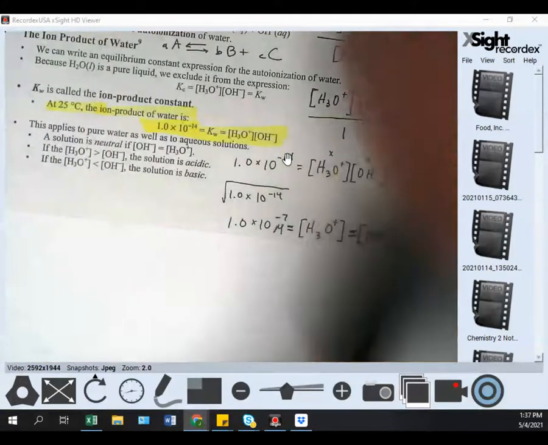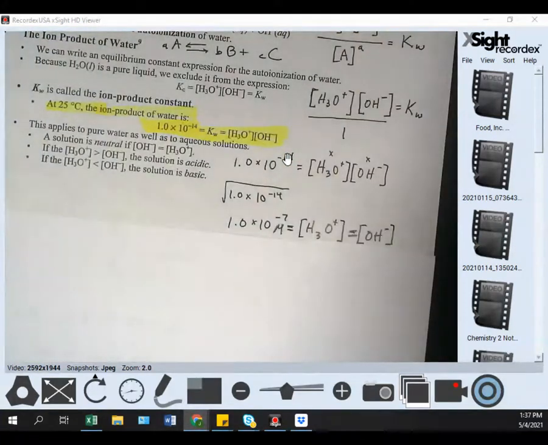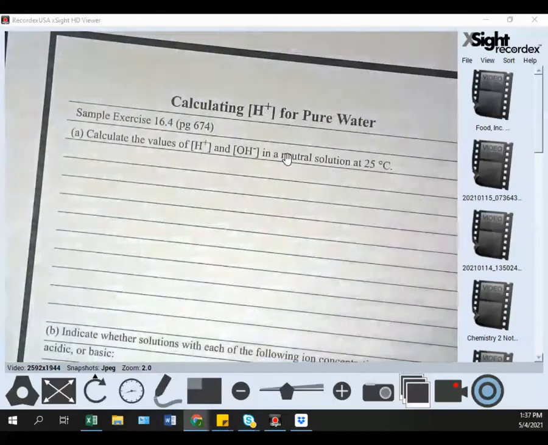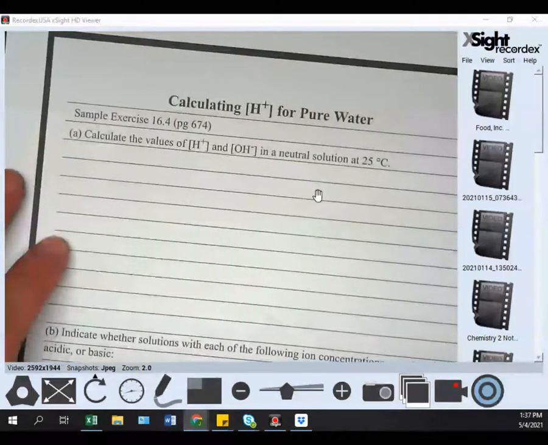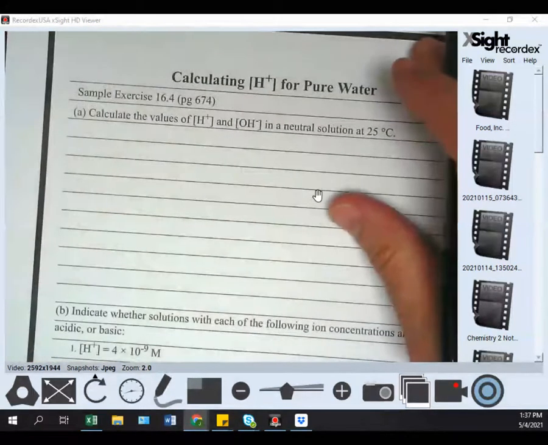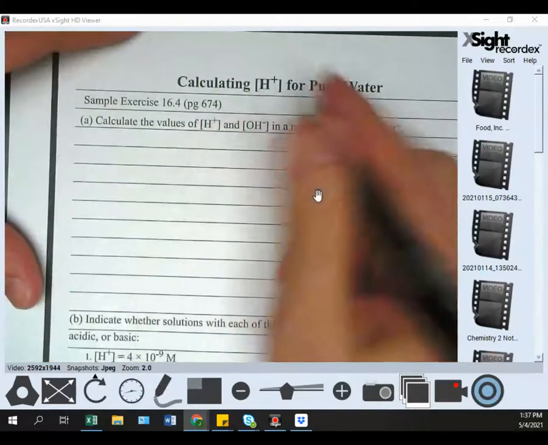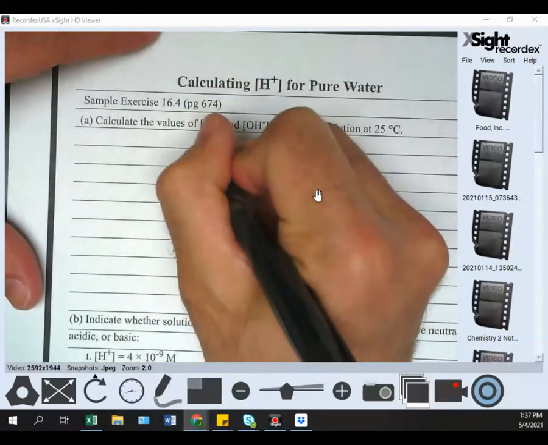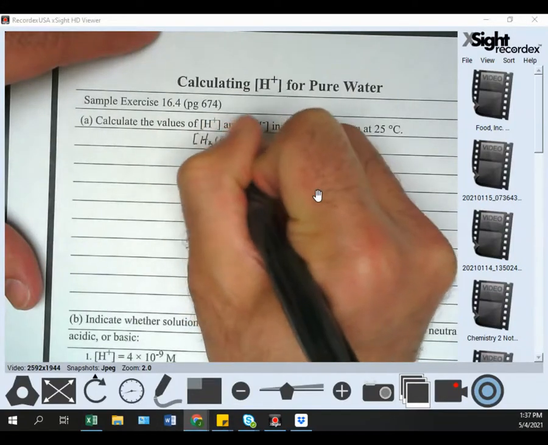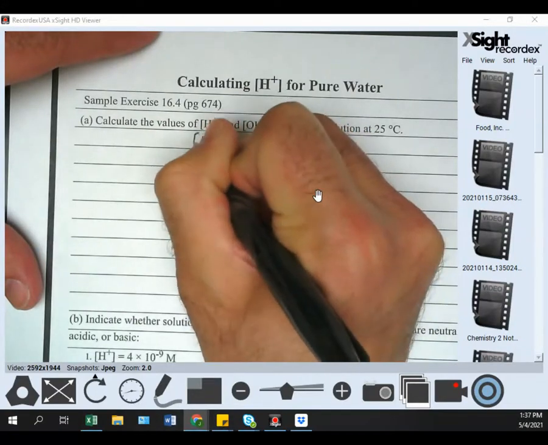Okay, I think it becomes easier when you see the problems, to be honest. Let's take a look at the calculating hydrogen from pure water one. Calculate the values of H plus. Remember, you can interchange it with H3O plus, same thing.